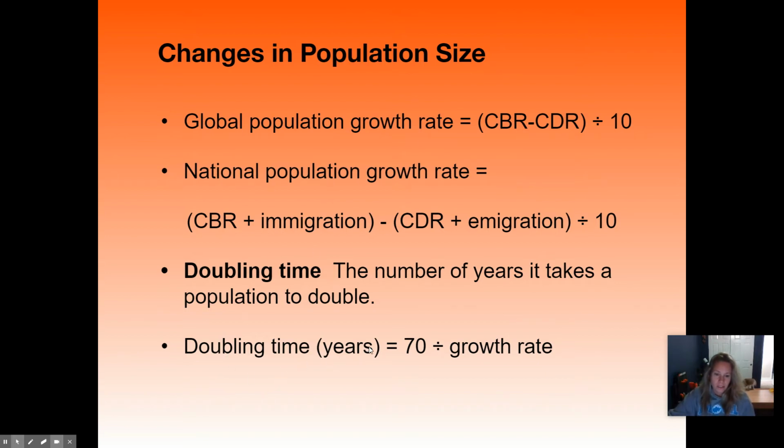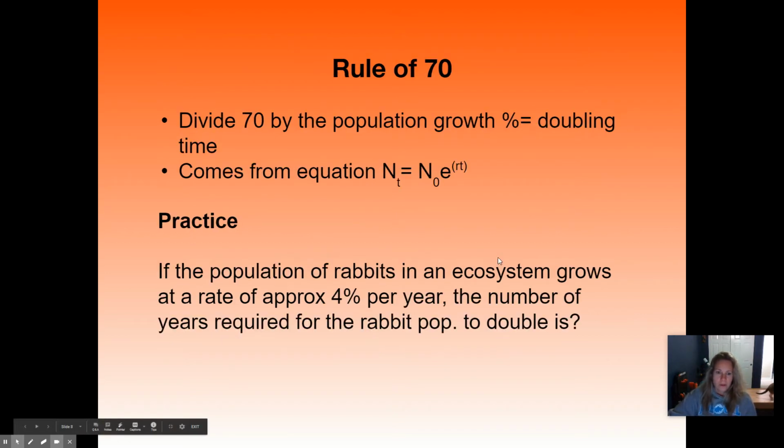So doubling time in years is equal to 70 divided by growth rate. So for example, if the growth rate is 1%, 70 divided by 1, it would take 70 years for the population to double. So I'll show you an example here. It's called the rule of 70, and it actually applies to economics and your bank account as well.